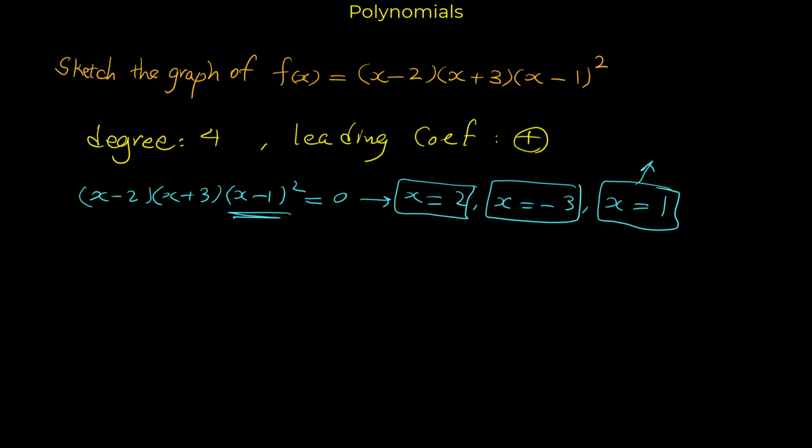So this root is of multiplicity 2. And when the multiplicity is 2 or 4 or 6, it's even, and it has to be graphed a little differently, which I will show you in a moment. So we have a polynomial of degree 4, the leading coefficient is positive, and these are the roots.